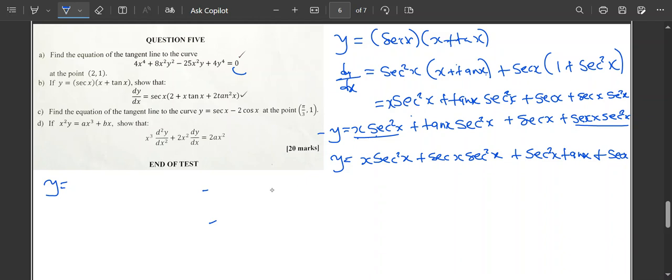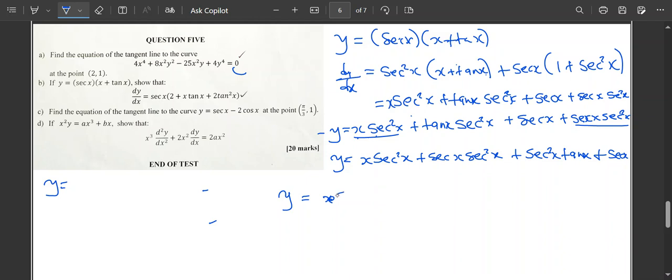Okay, so now what can I do here? What is common here? I have sec x. So sec x is common there, right? Let me do sec x tan x, sec x tan x, sec x tan x.